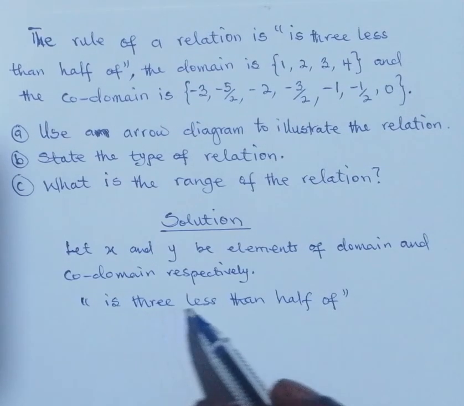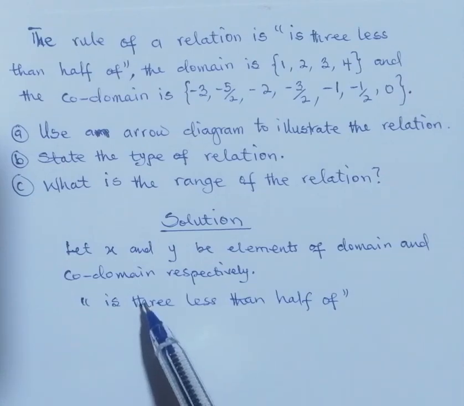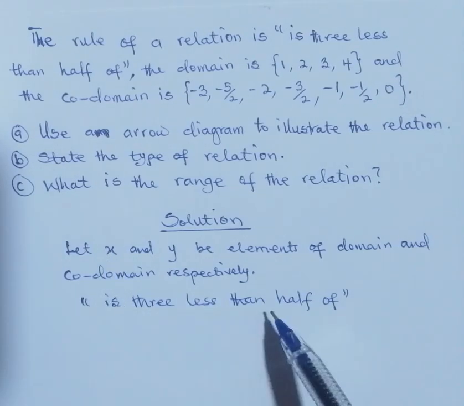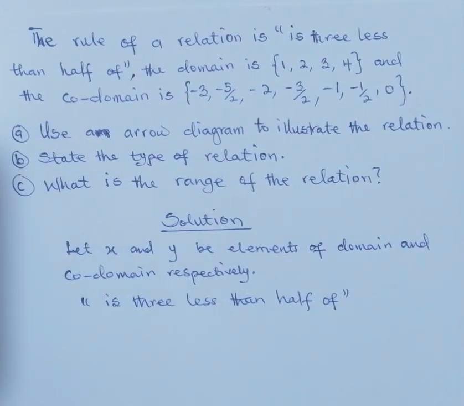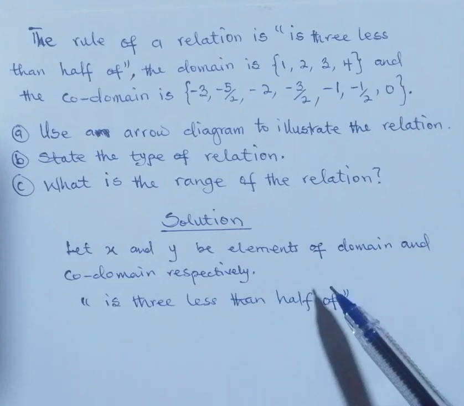If we are to write a formula for this, then we need half of what? We know that the domain is the independent variable, while the codomain is the dependent variable. Whatever we do to the input, the domain, gives us the output, which is the codomain, that is the y.